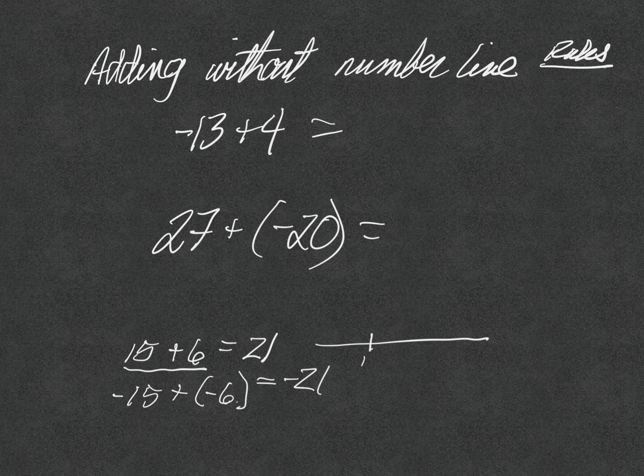If you start at 15, then you're going to add 6 to that, and you're going to end up at 21, right? If you start at negative 15, you're going to go to the left because you're adding a negative 6. So you're just going to stay in the negatives, right? And so this makes sense on the number line, all right?